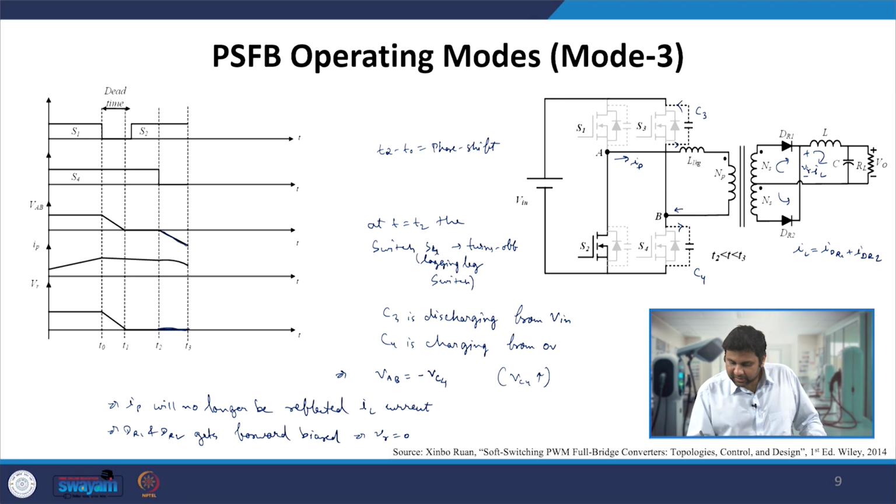Since the VR voltage is 0 and both the diodes are on, the entire secondary side winding gets short circuited like this.